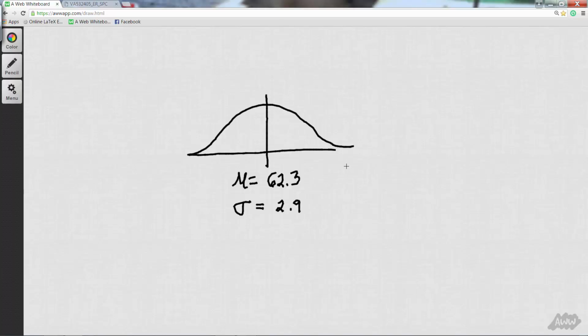It says if one woman is randomly selected, find the probability that her height is less than 63. So that means I'm over here somewhere, right?